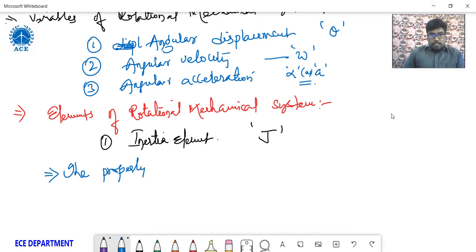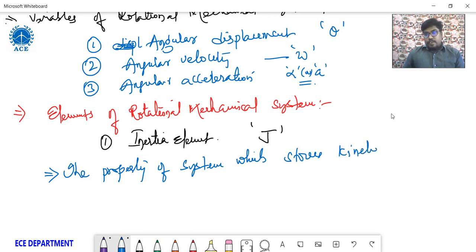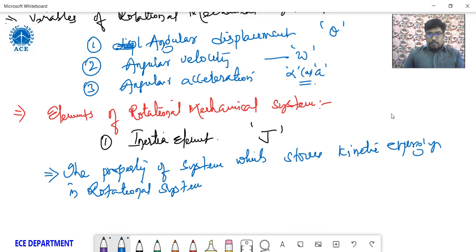The property of a system which stores kinetic energy in rotational systems is called inertia.